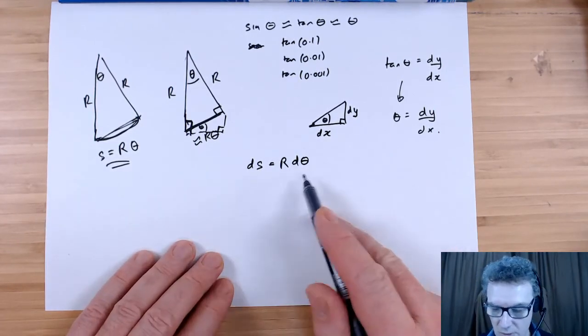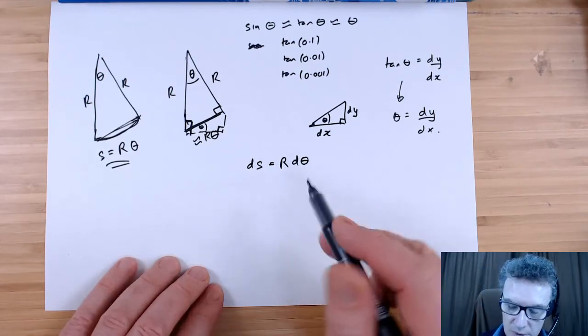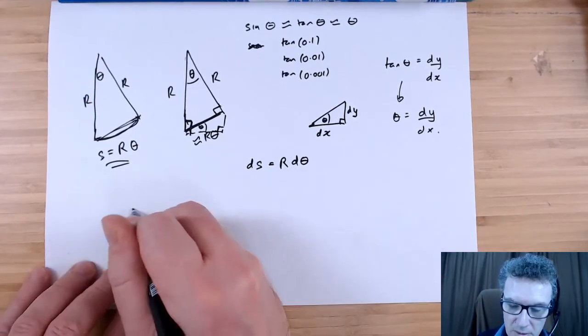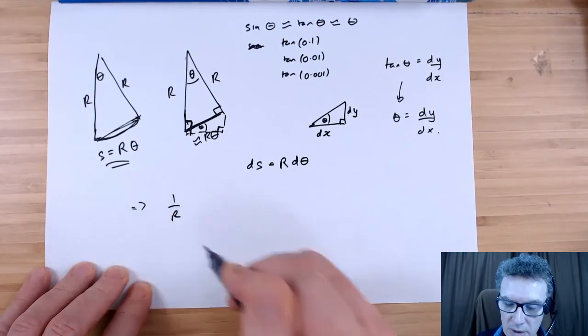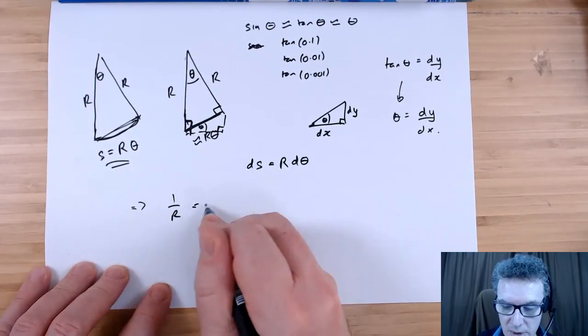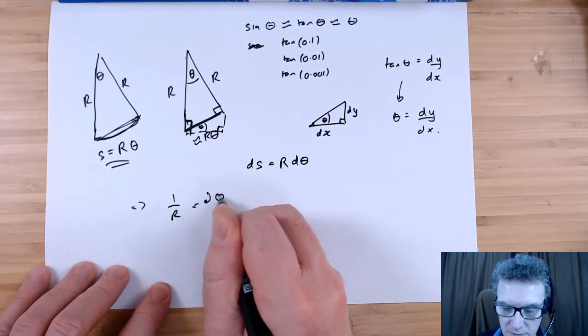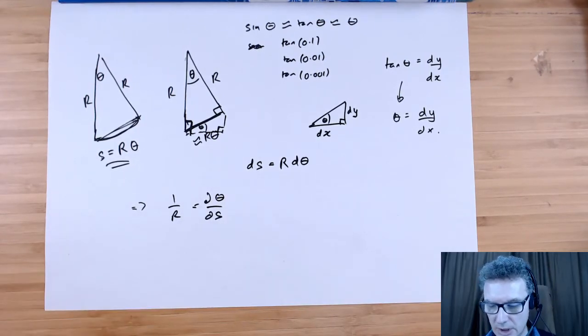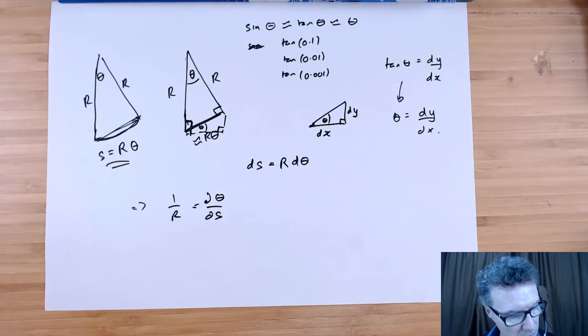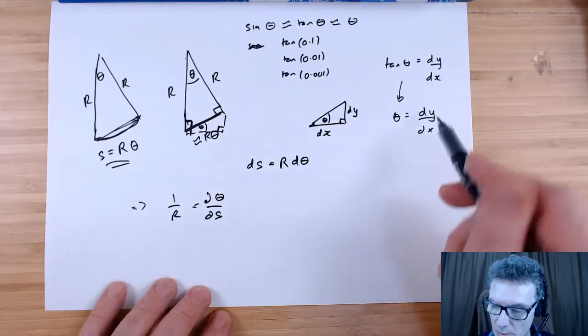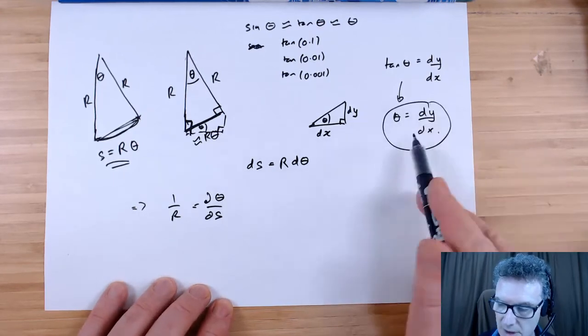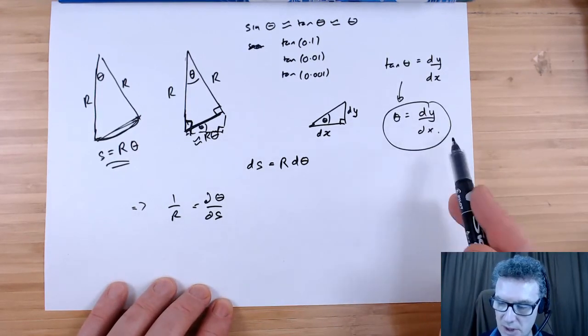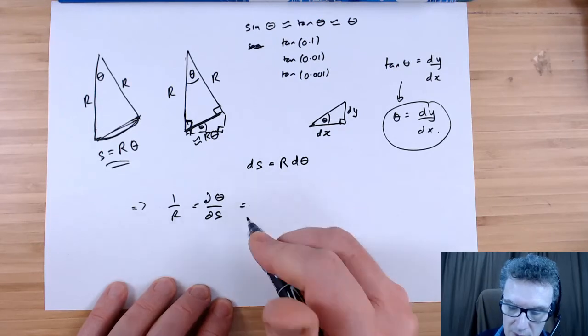Let's rearrange this so that we now have 1 over r equals delta theta over delta s. But theta is delta y over delta x, so let's substitute that in there.